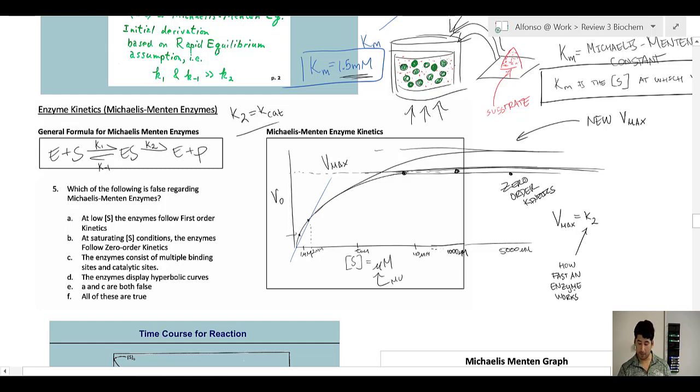So Vmax is equal to K2 times the amount of enzyme, so the concentration of enzyme, times the number of active sites.